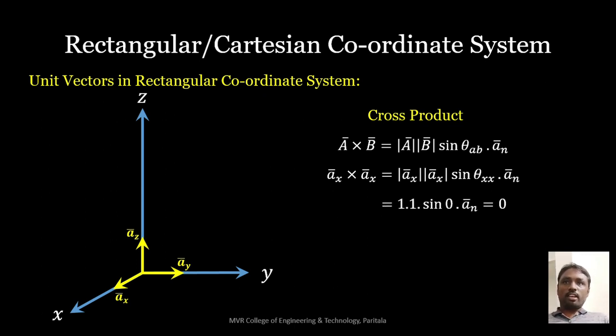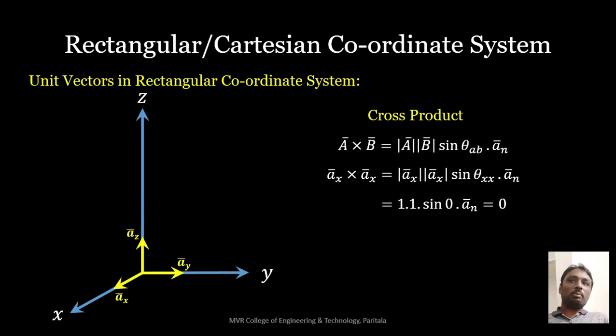So what is the answer here? 1 into 1 into sine 0. Similar vectors means the angle between them is 0, and sine 0 is 0. 0 into anything is 0, so there is no need of finding a n bar here. So the answer is 0. If you cross multiply the same vector, the answer is 0.